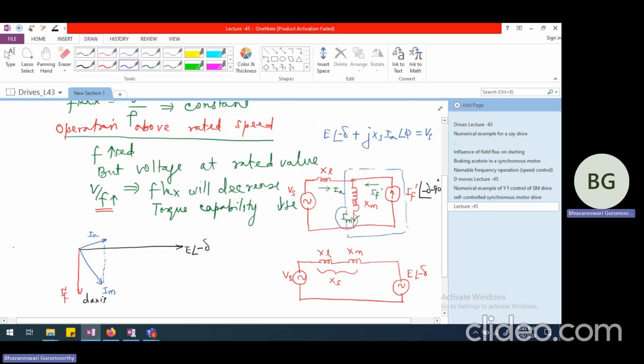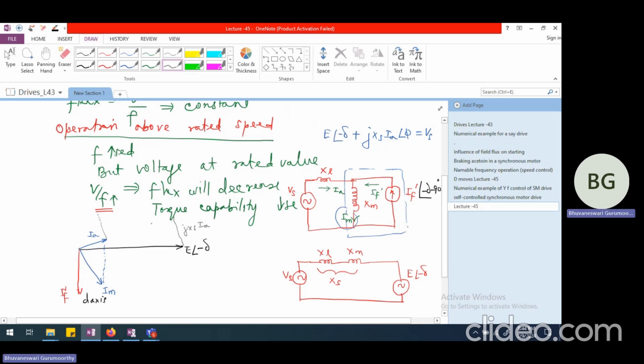So let me draw that clearly here. This is Ia. If I want to get Ia multiplied by Xs, that should be 90 degrees leading, so I should actually draw this here. Exactly the same thing I should draw here. This is jXsIa.